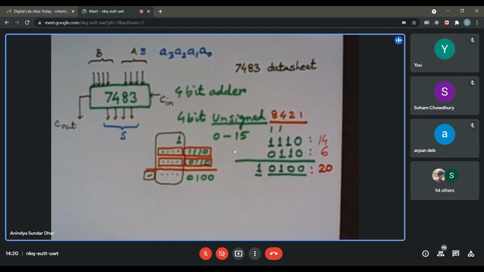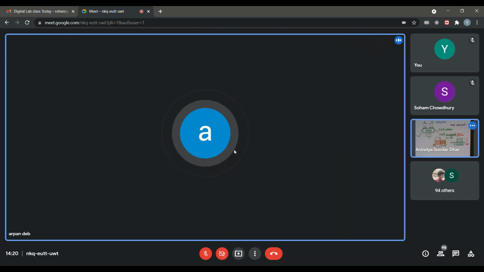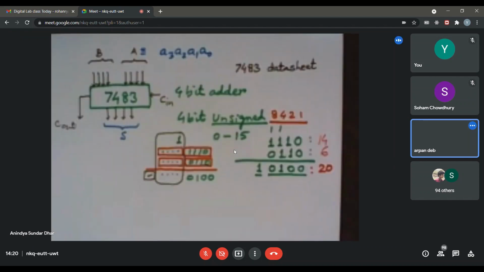Can you suggest some simple way of doing this? Once again, anyone can unmute and say. For giving input, we can ground some pins and leave the other pins high, so that we can give the desired input number. Right.